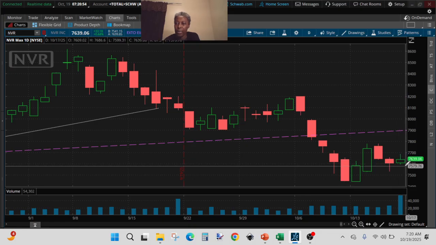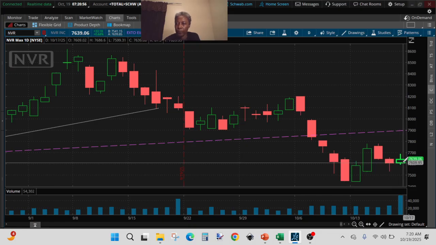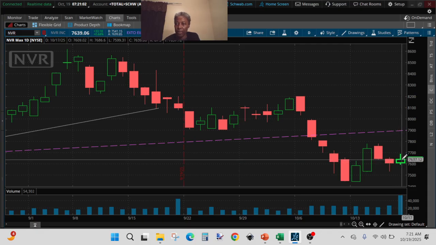So the candlestick is like a rectangle, and when the bar is green, that means the price at the end of the day is the top width of the rectangle, and the bottom width is the price when the market opened in the morning.